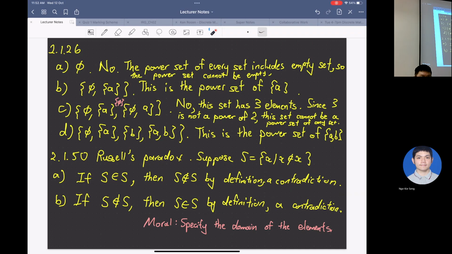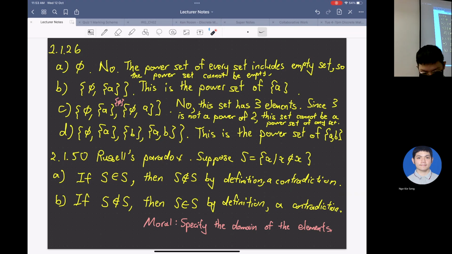No, because suppose I take this X itself and check whether it is in there or not. If it is in there, a contradiction. If not in there, still a contradiction. So there's nothing in there, and you can't define such a thing.